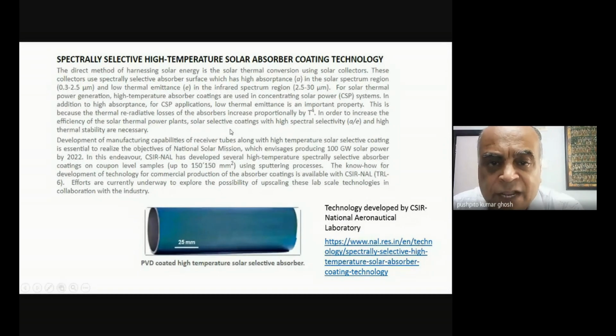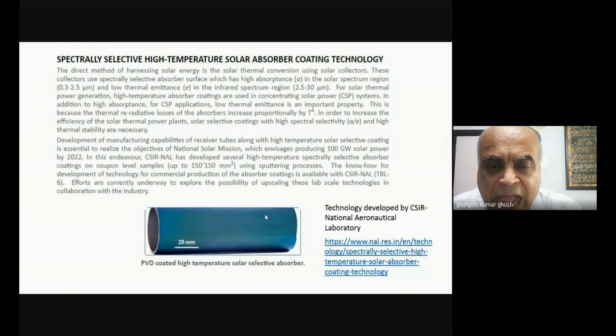So effectively, a solar selective coating is one where I am trying to maximize alpha upon epsilon. And on top of that, it must be able to withstand that high temperature. It must not degrade, because if it degrades, then every now and then I'll have to replace the coating.